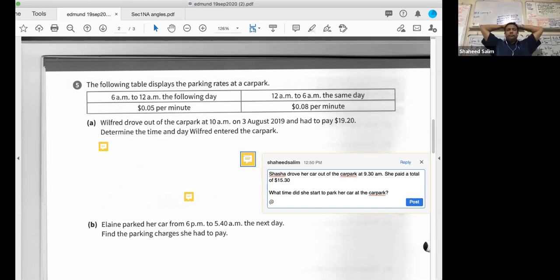Can you find how many hours she parked from 6 a.m. to 9:30?